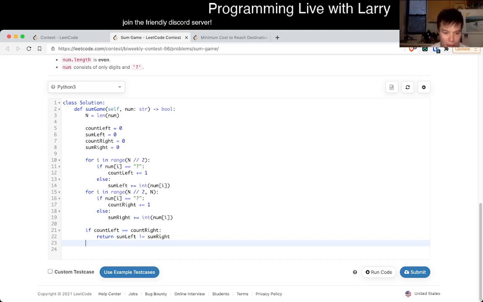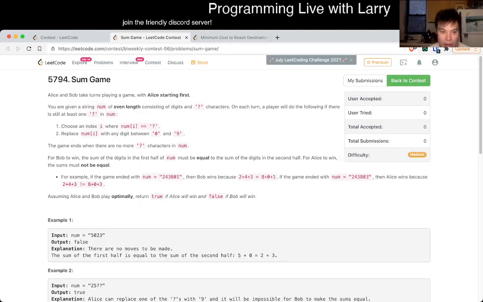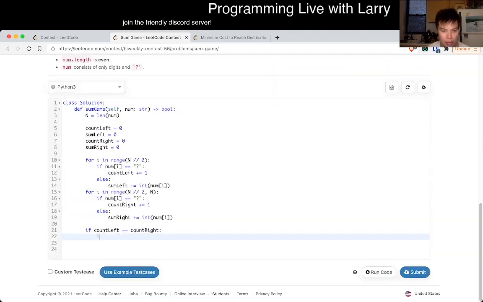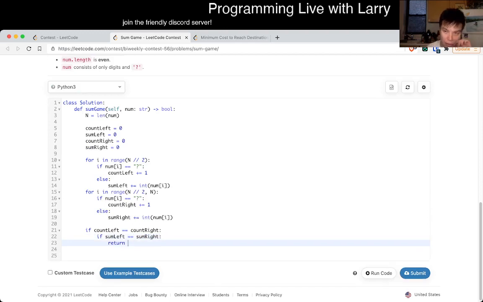Let me think about this. If they're the same and the sum is the same, I just type it out, then return true because Bob can always move it.